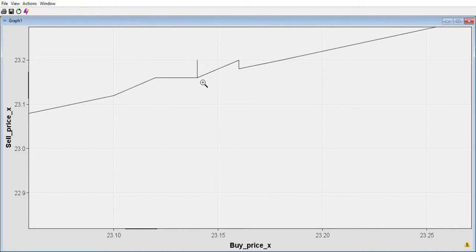Then you again see an upward trend which breaks from the actual trend and also has a different slope, and then it tries to return back with a sharp vertical decline, in which you have several selling prices at the same buying price, and then it becomes regular, matching the previous trend.